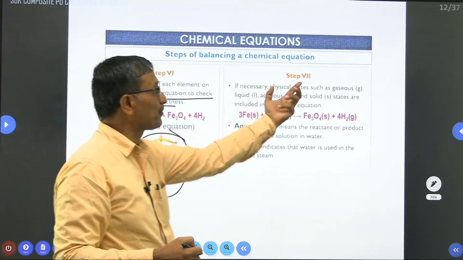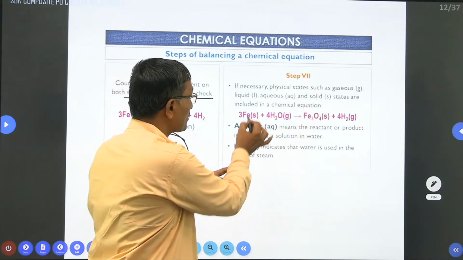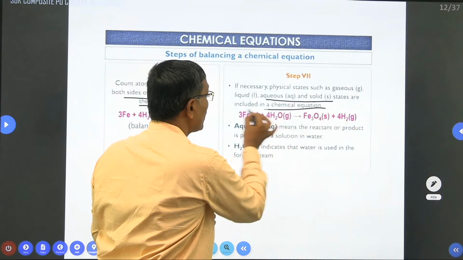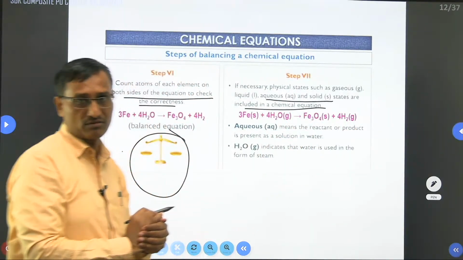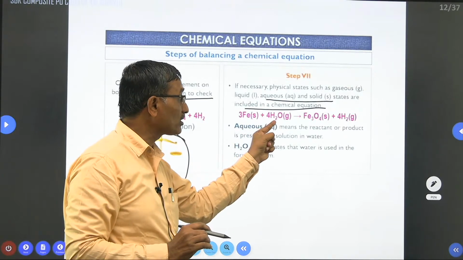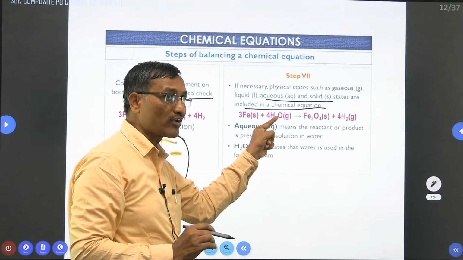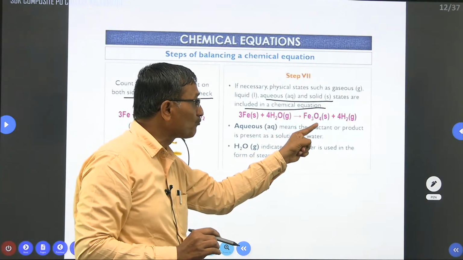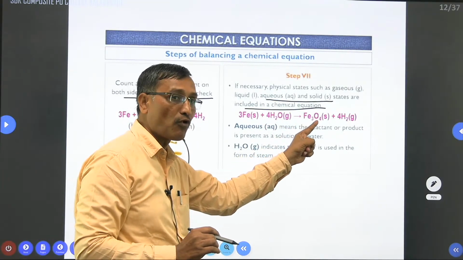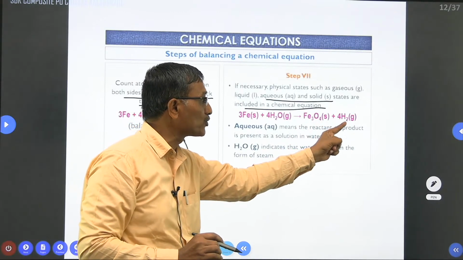Okay. See step 7. If necessary, physical states such as gas, liquid, aqueous, solid state are included in a chemical reaction. So here iron is in a solid form. Water vapor, I said steam it is, not liquid water, it is steam. Then it gives rise to formation of Fe3O4, magnetite ore composition, plus 4H2.